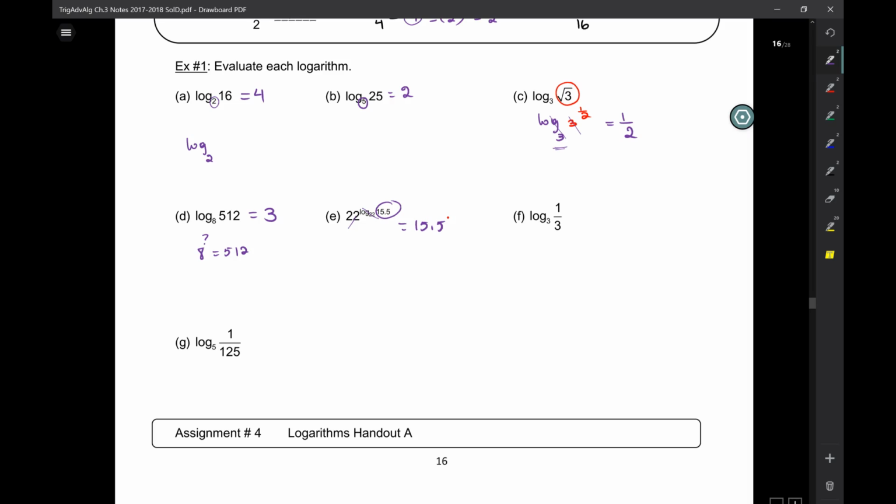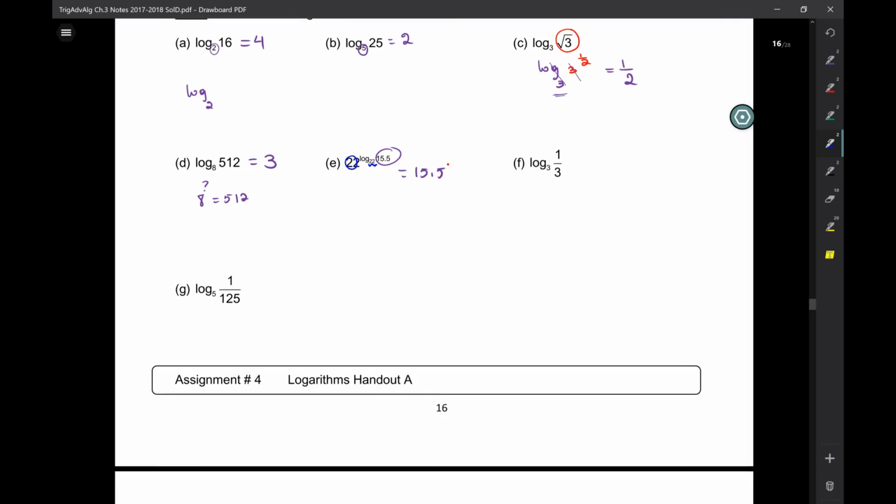And that's it. What if it's not 22 and 22, like 34 or something? Then you won't be able to do it. So the thing is, this number and this number have to be the same. The 22 and the 22, they have to match up.